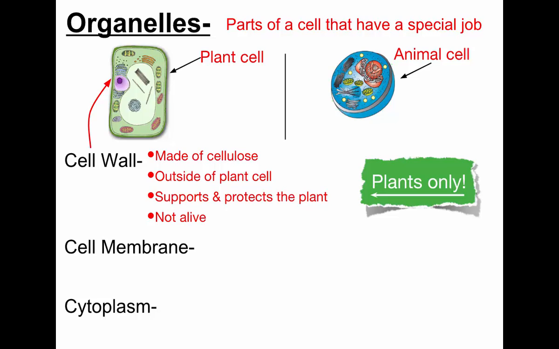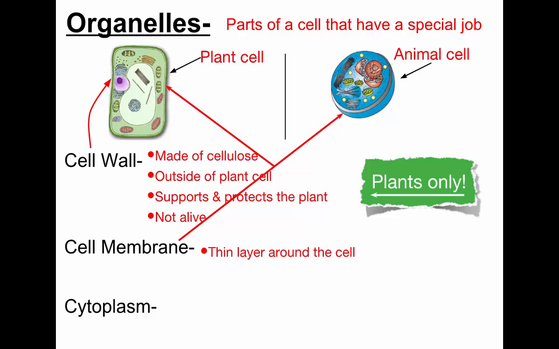The outer layer here in the animal cell is the cell membrane, but it is also present in the plant cell. It's the next layer inside of the cell wall. So plants have a cell wall and they have a cell membrane just inside of it. And this diagram is this lighter color just along the outside. Cell membrane is an important part. Okay?